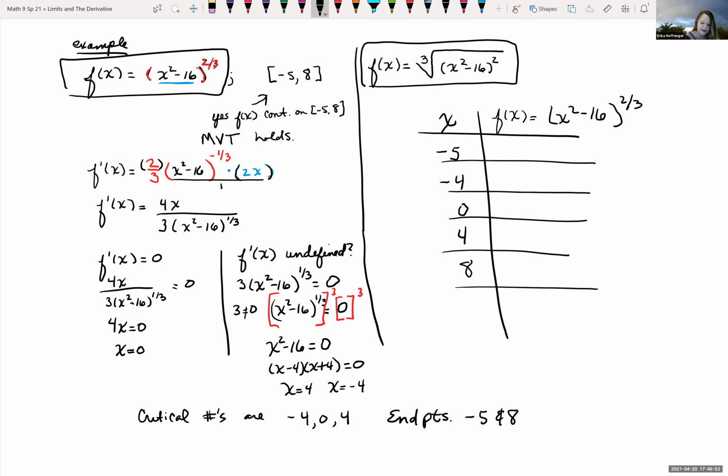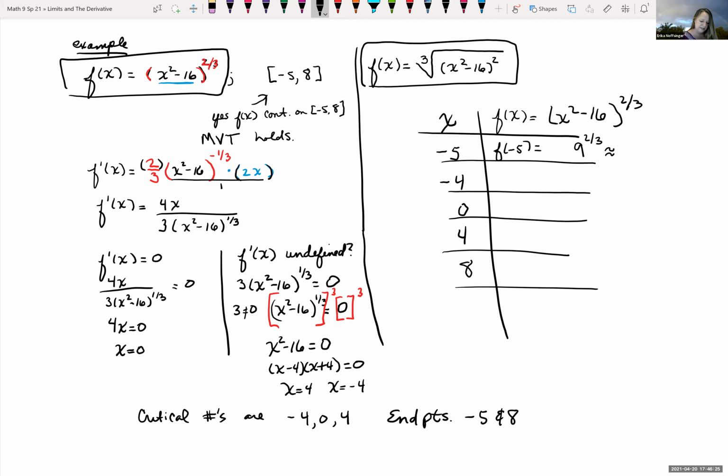So if we look at f of negative 5, negative 5 quantity squared is 25. 25 minus 16 is 9. So this is really 9 raised to the 2/3 power. If you raise that to the 2/3 power, make sure that you put parentheses around the 2 divided by 3.